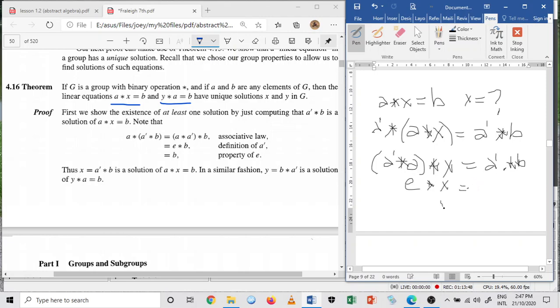But E operation X is X. So X is obtained as A inverse B.